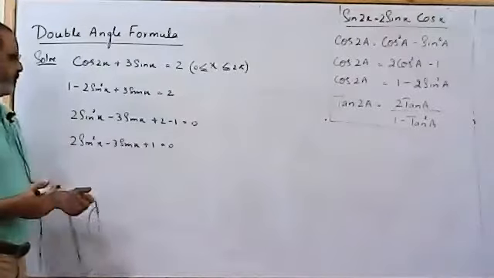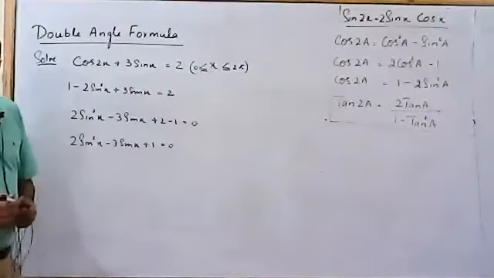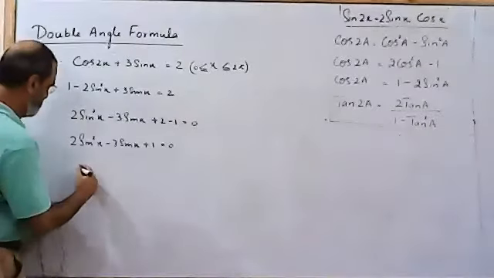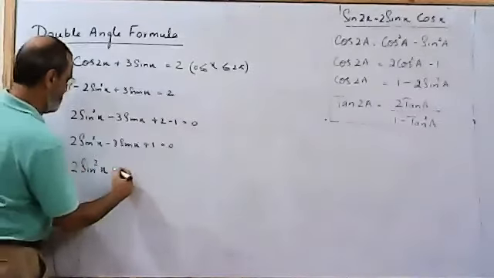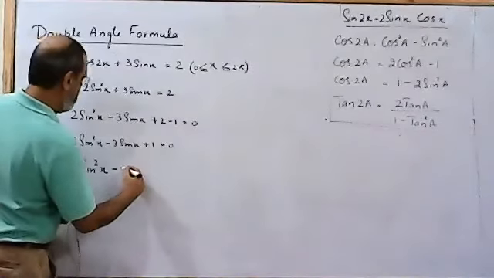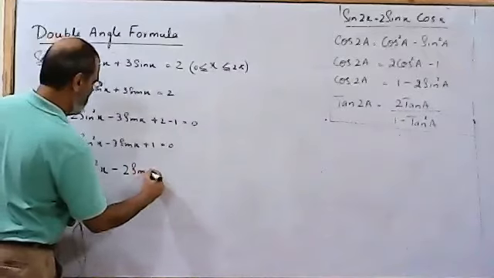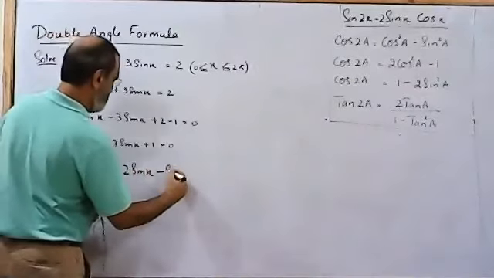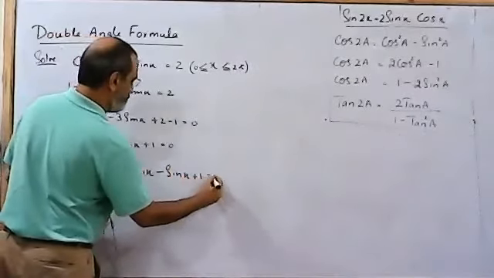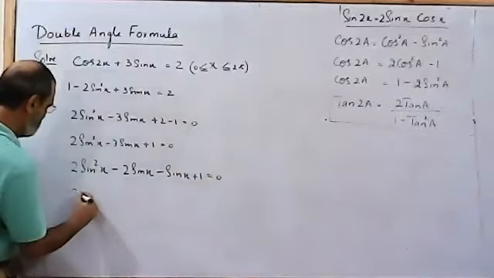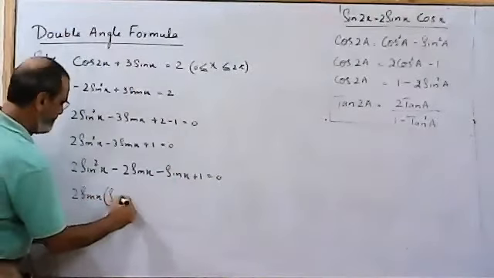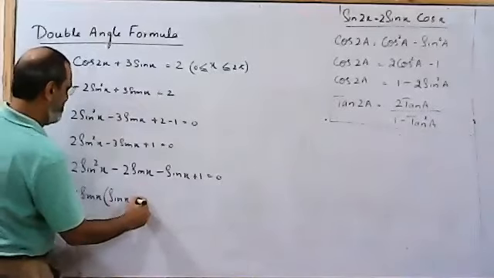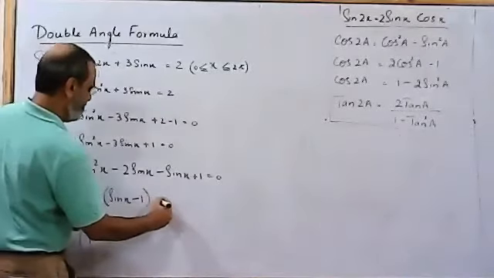Factorizing this equation, we can easily factorize it: 2 sine square x minus 2 sine x minus sine x plus 1 is equal to 0. 2 sine x is common, we are left with sine x minus 1.